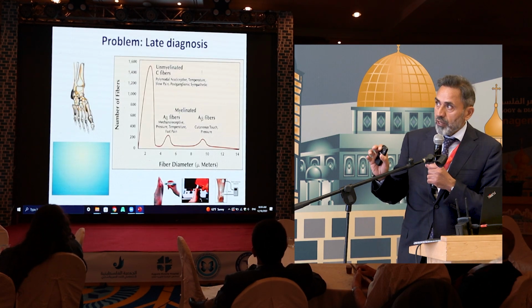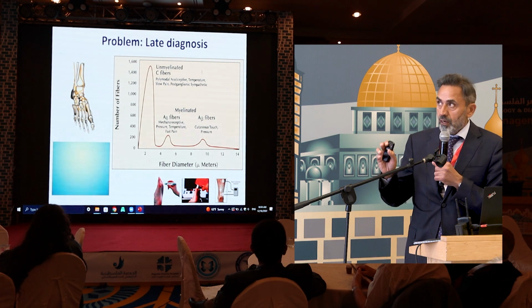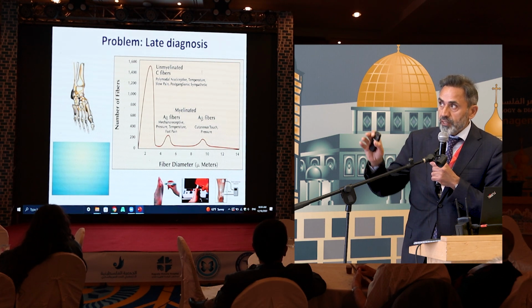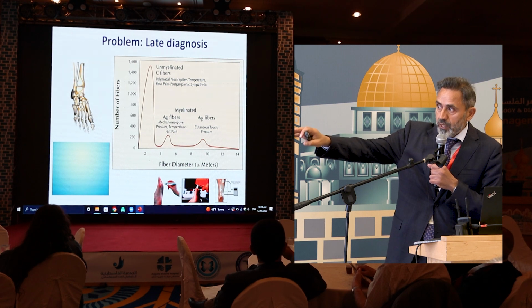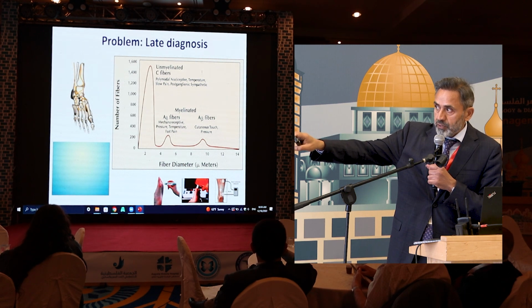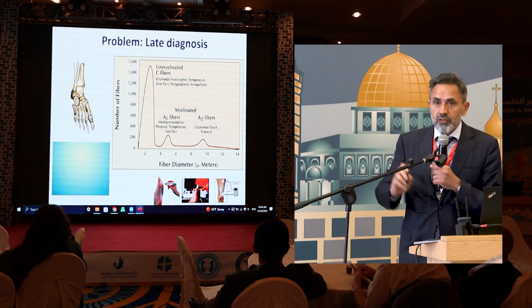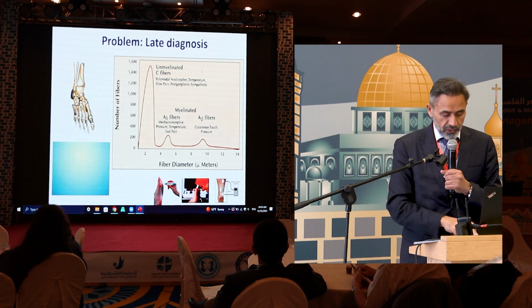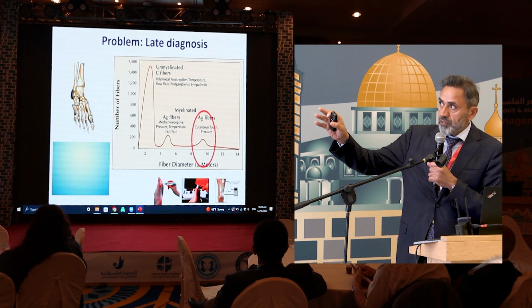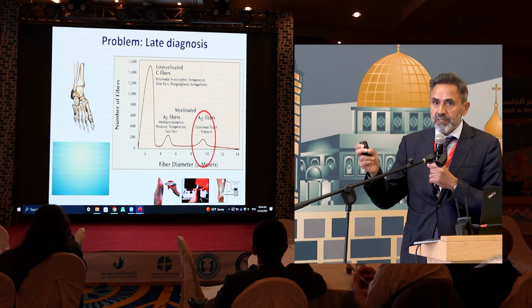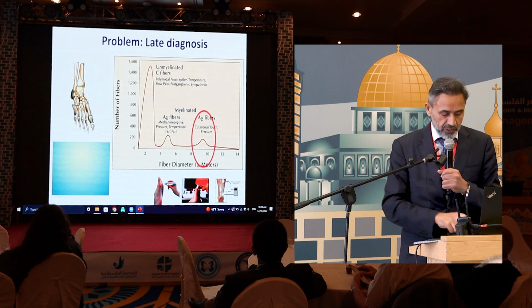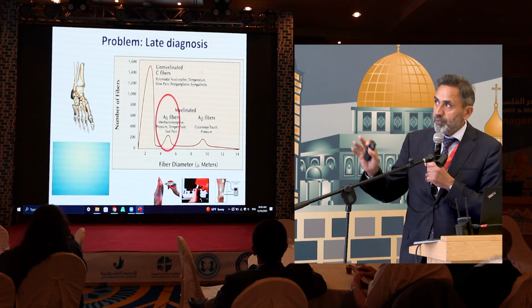The other issue that I want to highlight is the problem of late diagnosis. So I talked about large fibers and all the tests that we use. You can see at the bottom, monofilament, vibration perception, nerve conduction. What do they measure? They measure the large fibers. Large fibers constitute only 5% of the total fiber population, and they are the last to be damaged.